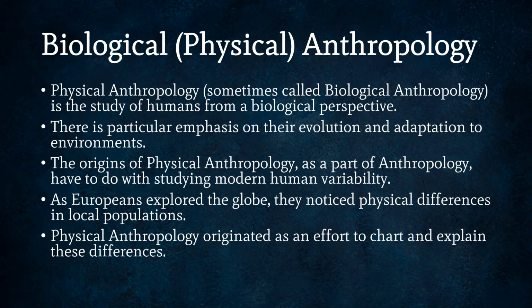So again, biological anthropology is the study of humans from a biological perspective. There's a particular emphasis on their evolution and adaptation to environments. The origins of physical anthropology have to do with studying modern human variability.